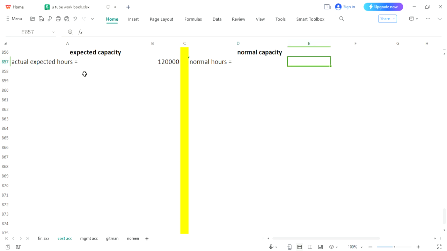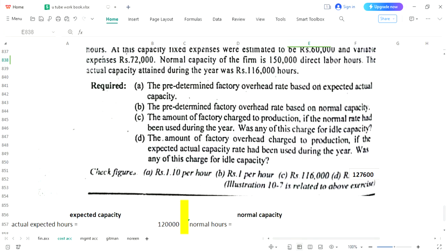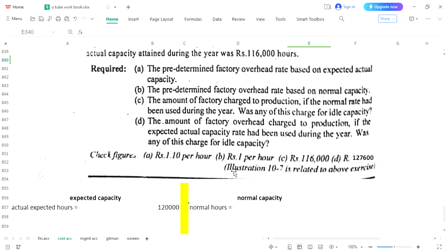It would be in our question: the normal capacity of the firm is 150,000 direct labor hours, so 150,000 will be written over here. Okay, two capacities, expected and normal. Expected hours 120,000, normal hours 150,000.